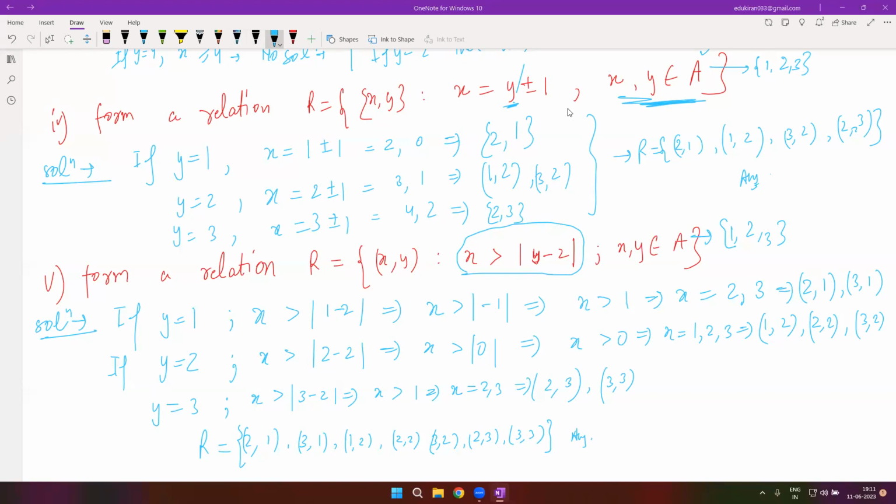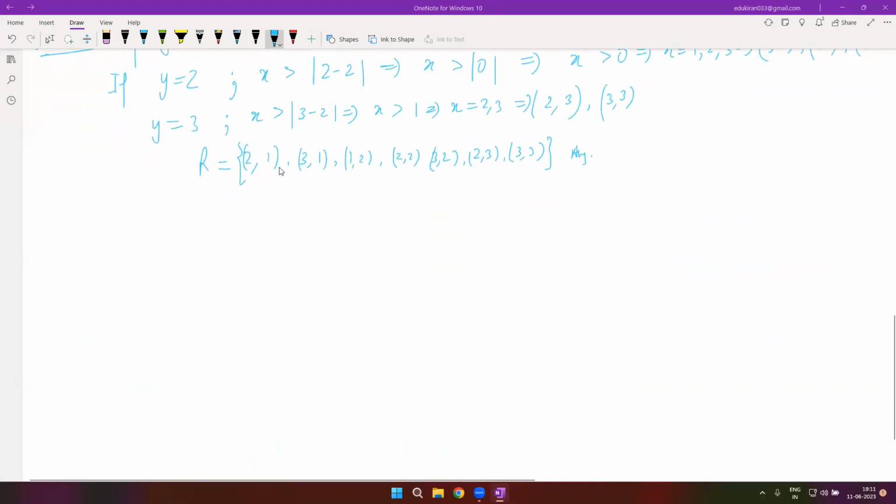So there are 3 kinds of relations that we can categorize a relation into. So types of relation have 3 categories.